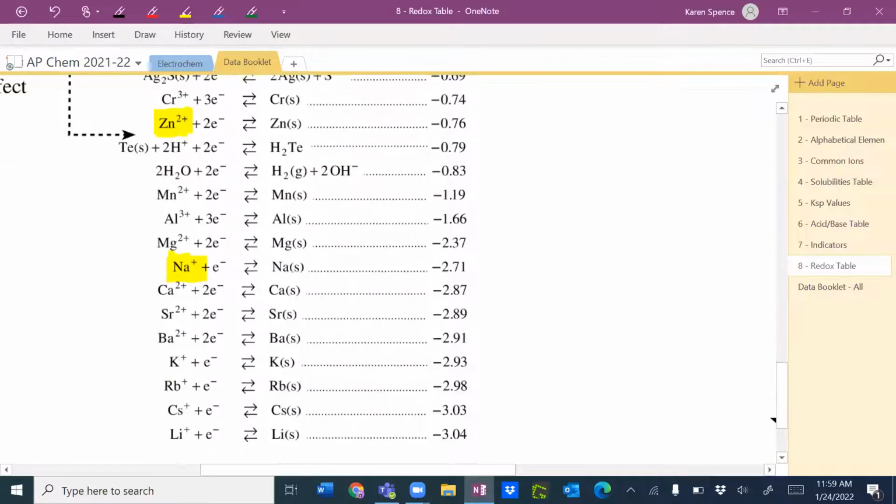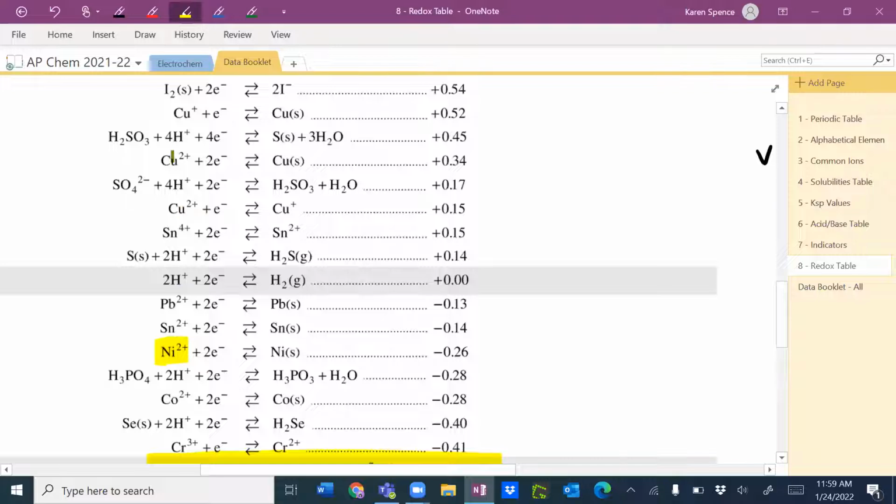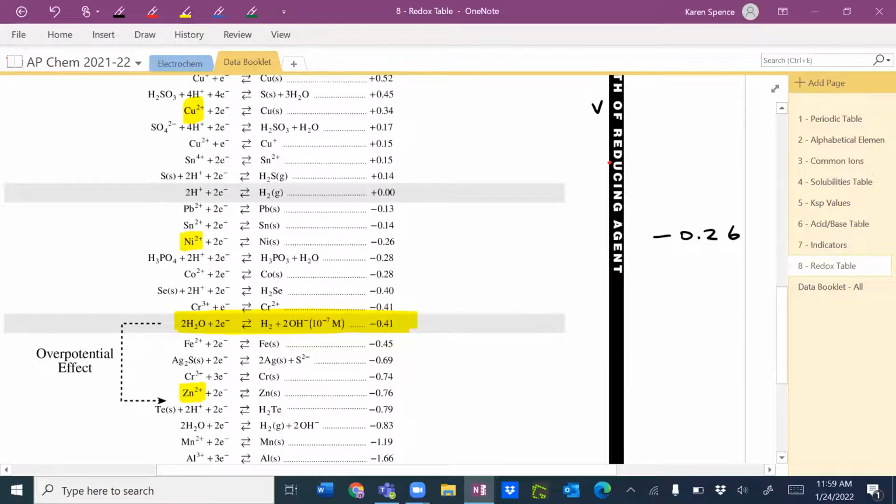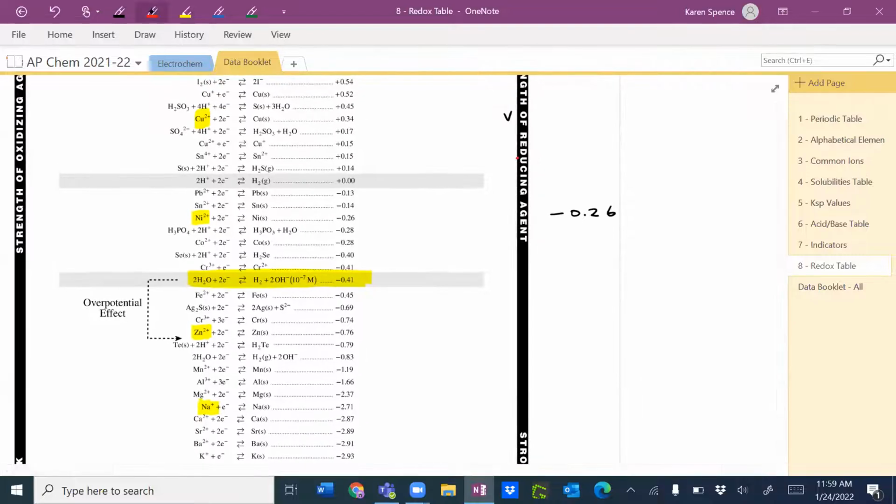Where are you? You're up high. There we are, copper 2 plus. Okay, we have copper, water. Oh, that's not zinc, that's nickel. Nickel, zinc, and sodium. So copper is better at getting reduced than water.